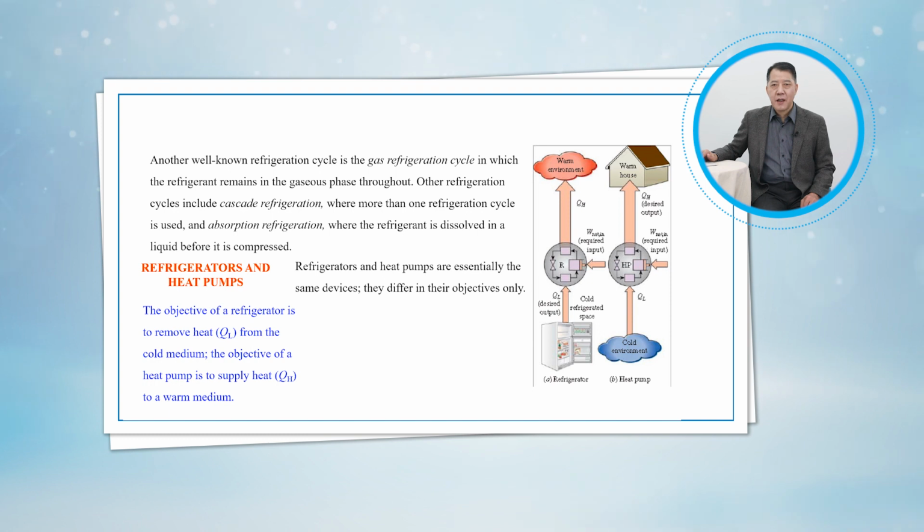The objective of a heat pump, however, is to maintain a heated space at a high temperature. This is accomplished by absorbing heat from a low temperature source such as well water or cold outside air in winter, and supplying this heat to a warmer medium such as a house, as shown in the right figure.